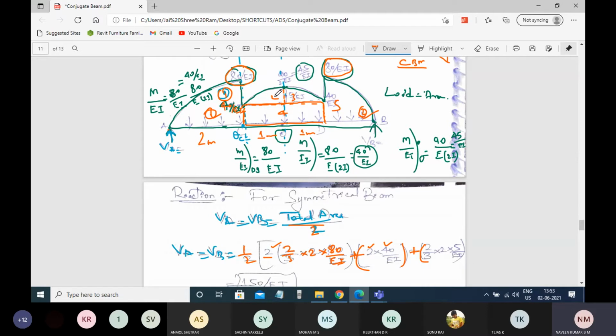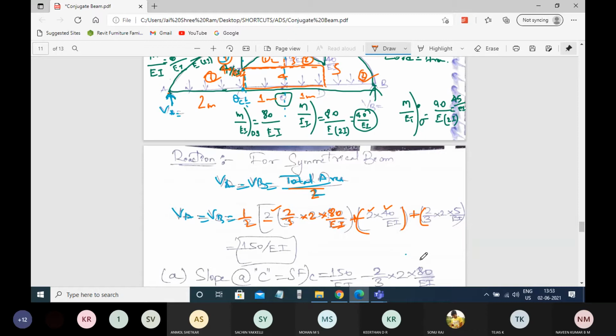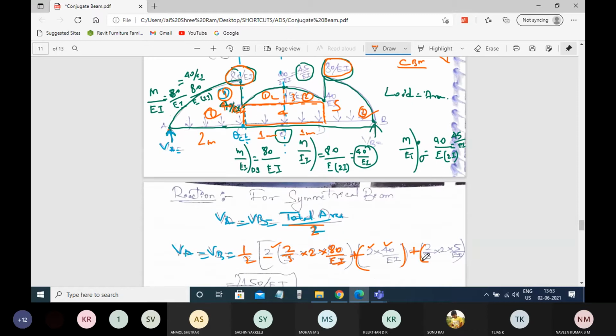2 times 2 by 3, since this is one quadrant and this is one more quadrant, into 5 by EI.